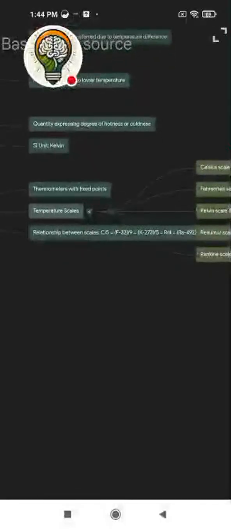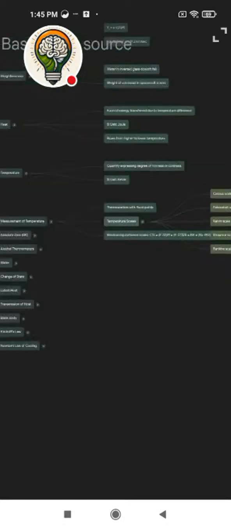In the relation between the scales, C by 5 equals (F minus 32) by 9, equals (K minus 273) by 5, equals R by 4, equals (Ra minus 492) by 9.